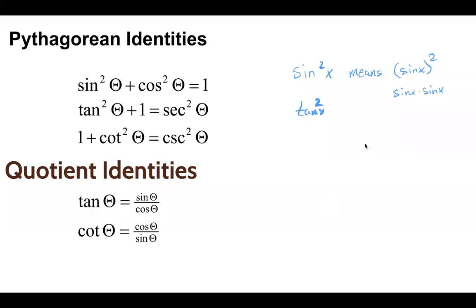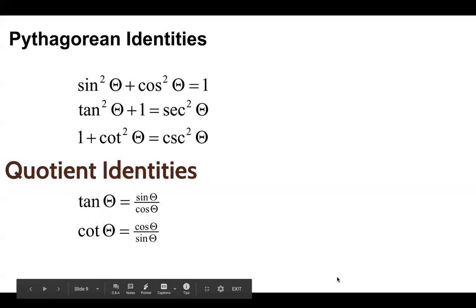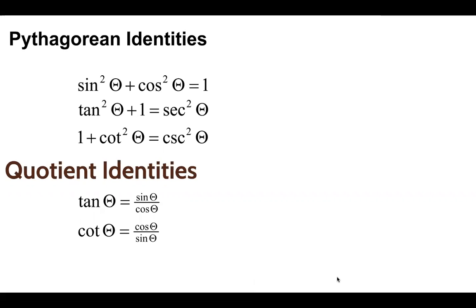Now, I'm going to have to reshare my screen. One thing we should point out is how to remember these. How I remember this one is: tan ones are sexy.